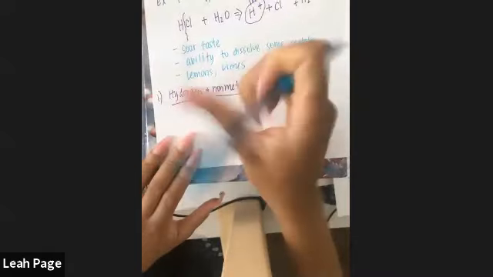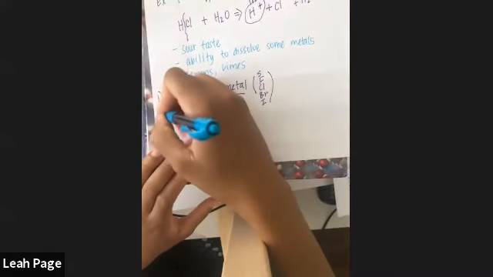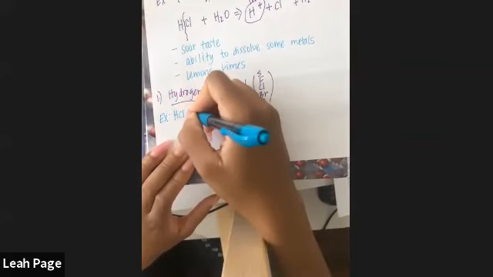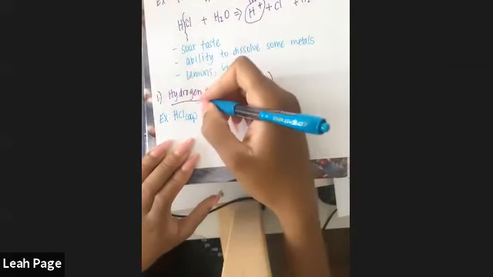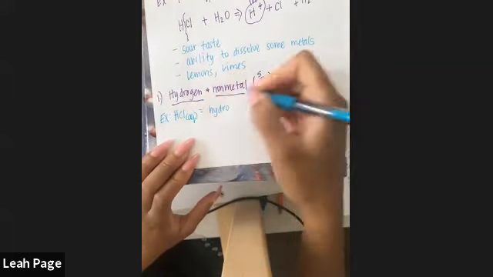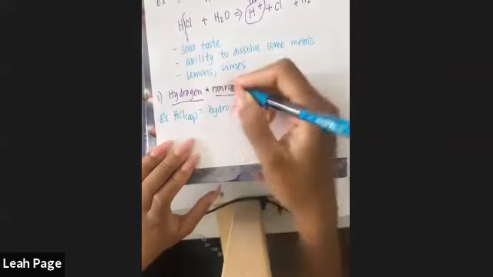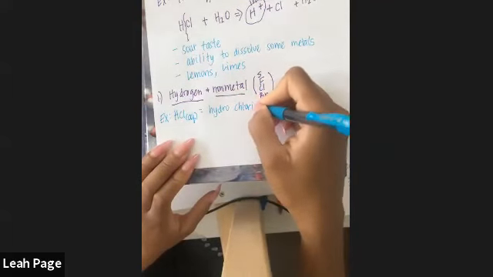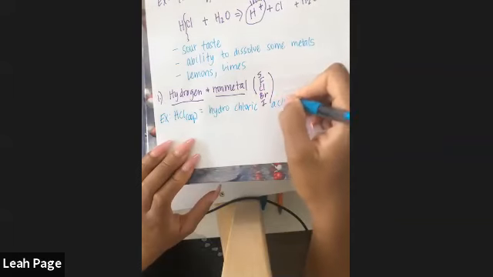So for instance, like the example above, if I have HCl with an AQ next to it, I'm going to name this hydro, and then my non-metal base name is chlor, and then I'm going to add an ic, and then I say acid.